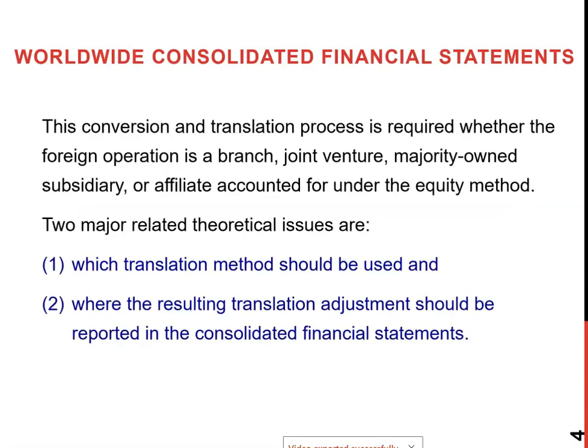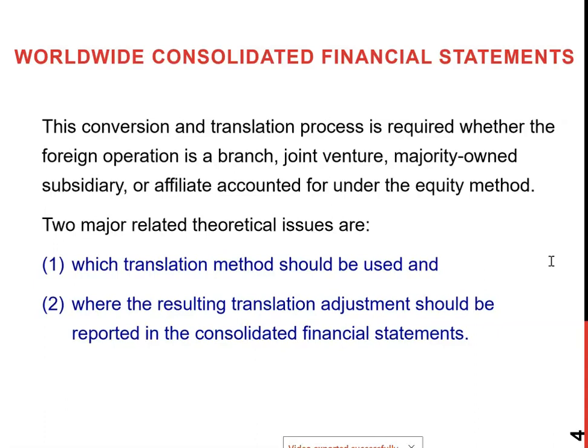Here we also need to focus on two items. One is what method we are going to use. In this chapter we will learn two methods, and we will also learn a concept called functional currency. Depending on the functional currency of the subsidiary, we will select the method.